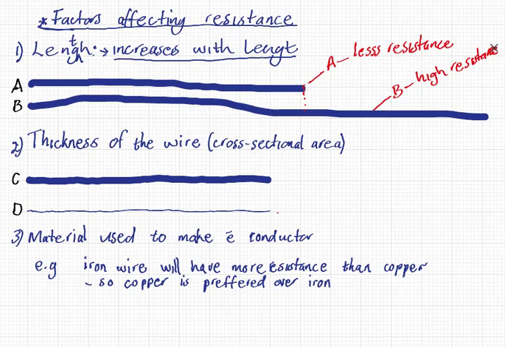That's it. So let's look at number 2, the thickness of the wire. So we have C. C is thicker than D. How does resistance respond? When the wire is thicker, the resistance is low.